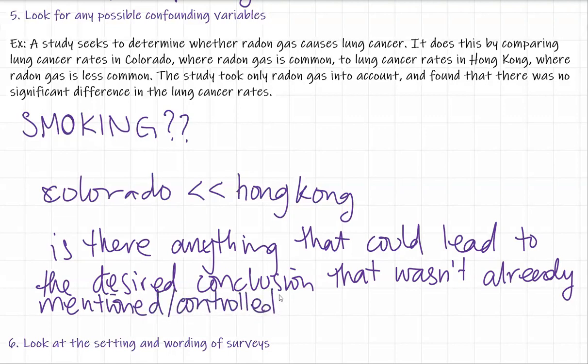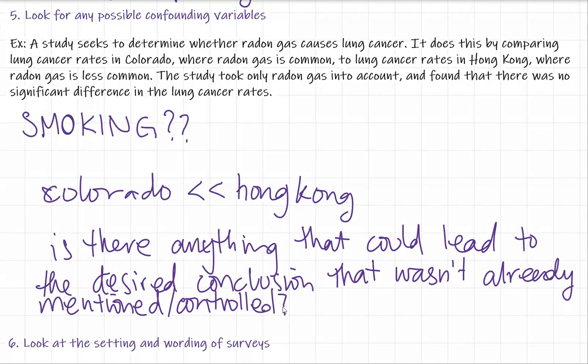So if you're going to be a really good researcher, you need to control the confounding variables. If you're going to be lazy, then you at least need to mention, there's smoking, but we didn't look into it. Because then in that case, you're telling your audience, hey, my study has a flaw because I didn't control this variable, right? So researchers absolutely need to look into these kinds of variables.